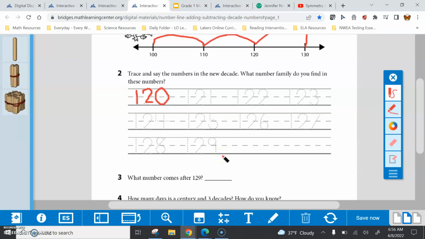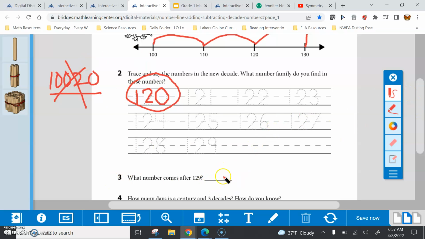And remember, 120 is not written like that. That's not how you write 120. That's no. 120 is right here. It's just 3 numbers. The other number is much bigger. Believe it or not, that would be 10,020. And you're not trying to say that. So it's only 3 numbers. Make sure you trace over all of these numbers.